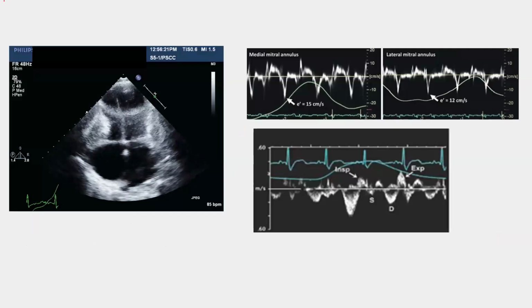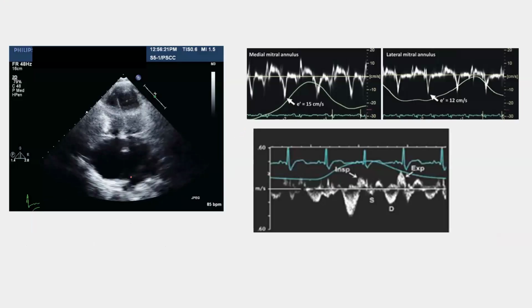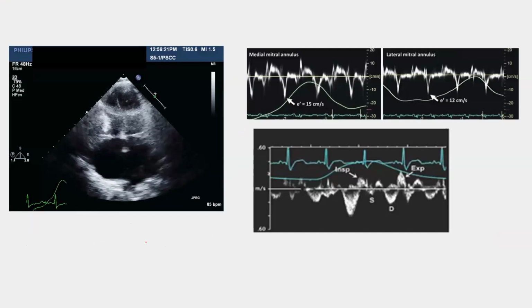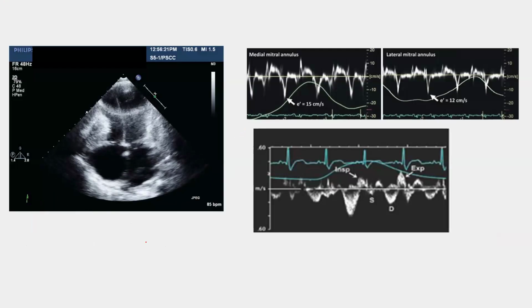Now look here. Look at this heart. What are we seeing? You are seeing a dilated atrium. Look at the septum. Focus on the septum. It's bouncing. Look at the LV and RV.